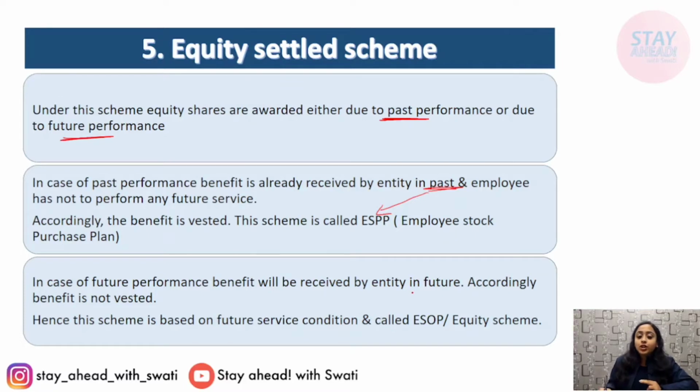Whenever it is allotted for any future performance, it can be either ESOP or equity. In equity, you do not charge anything from the employee, whereas in the ESOP scheme, that is Employee Stock Option Scheme, you charge an amount known as the exercise price from the employee.